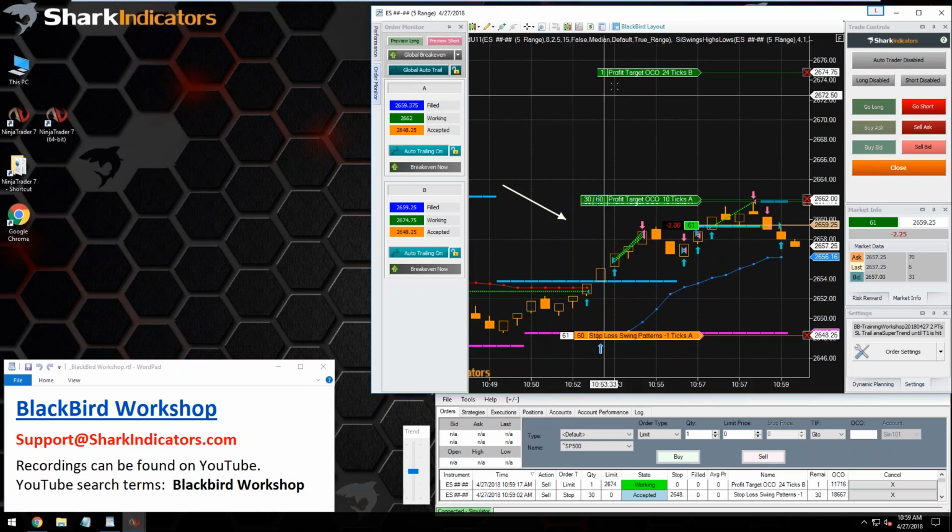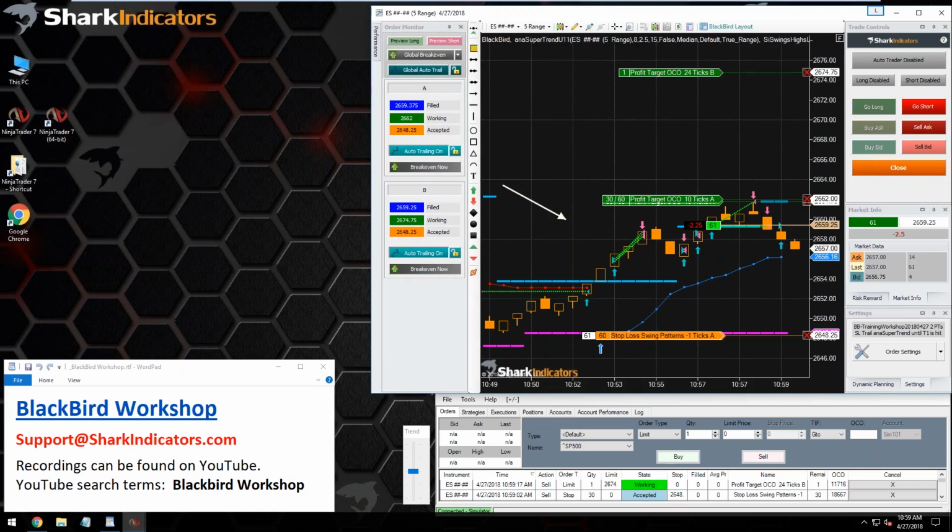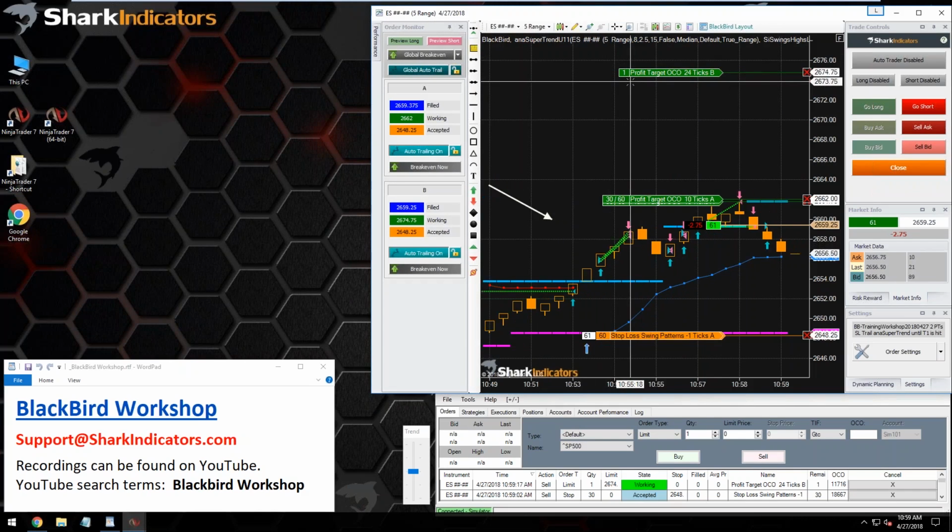Actually, that's right, I moved a profit target, but that profit target itself doesn't have any trailing associated with it. So it didn't turn off the trailing here. But if I move the stop loss, since the stop loss has trailing rules associated with it, it will turn off the auto trailing here. It'll disable it if I grab that stop loss and move it.